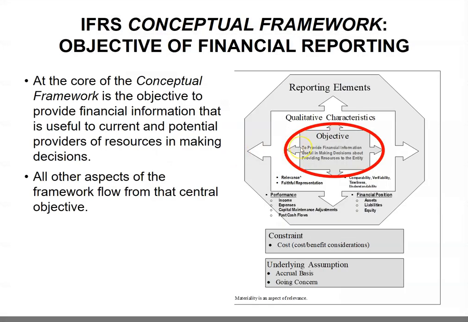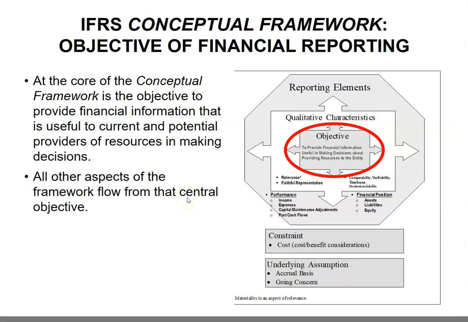The objective of financial reporting is at the core of the conceptual framework. It is to provide financial information that is useful to current and potential providers of resources in making decisions. The providers of resources to the reporting entity are considered as the primary users of financial reports and information.